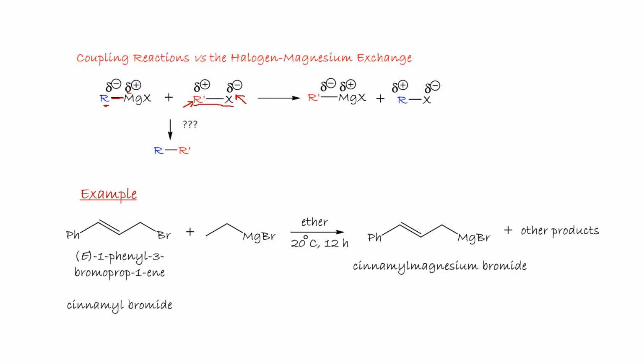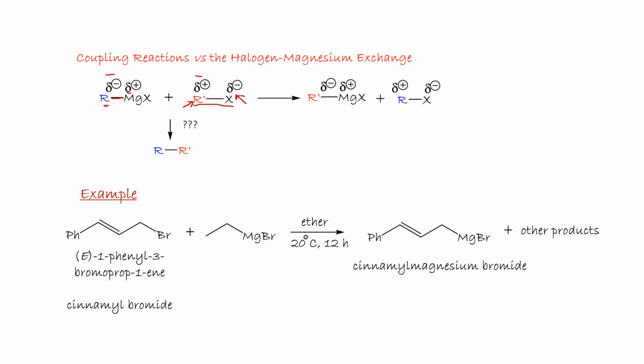So if we react the RMgX with R'X, what do we expect to find? We are expecting to find R-R' coupling, partially positive with partially negative. That's not the case, okay?